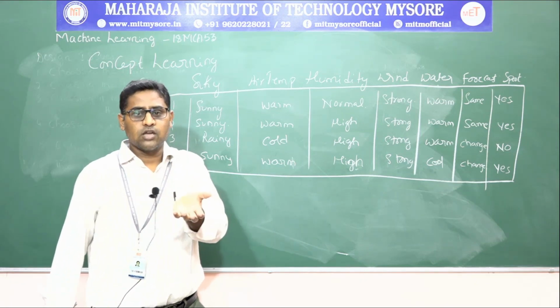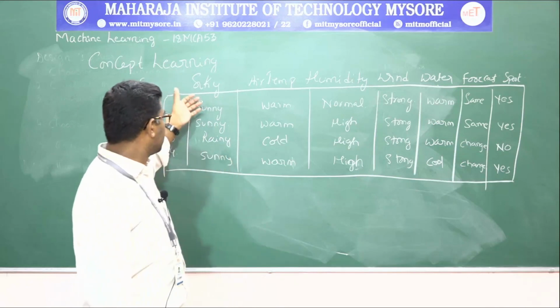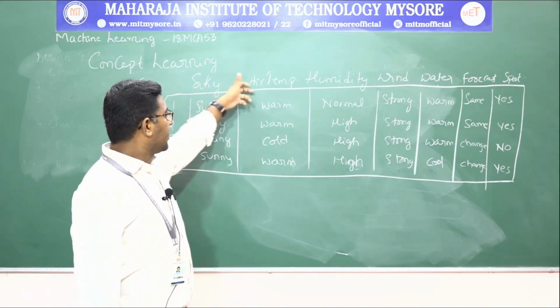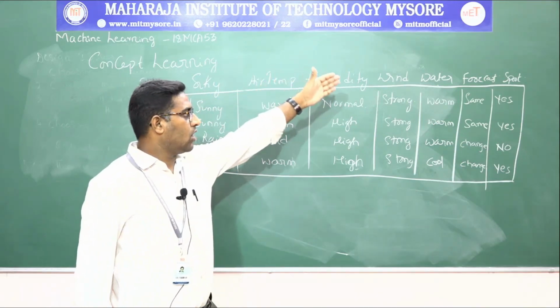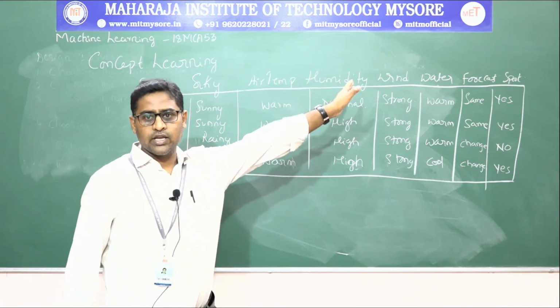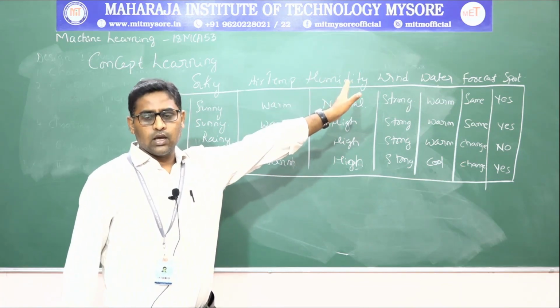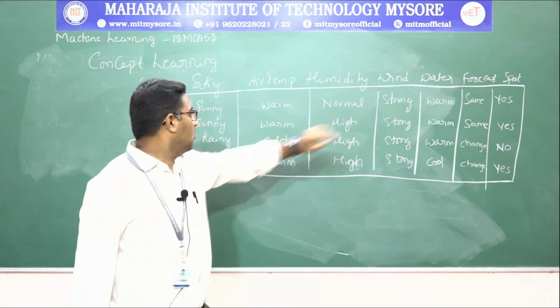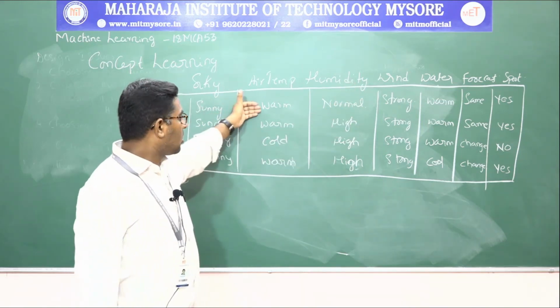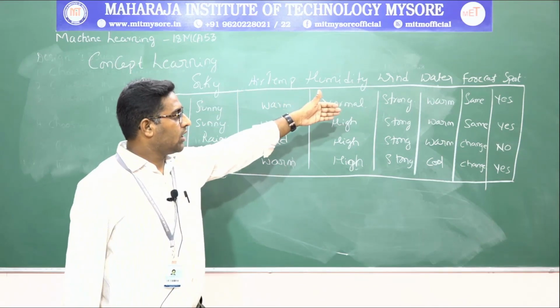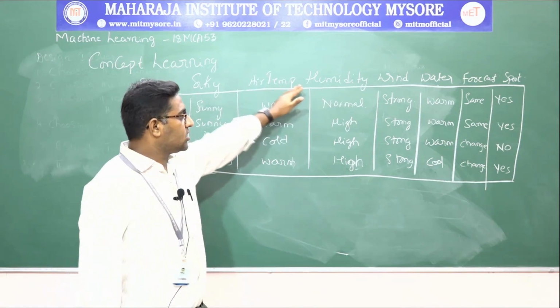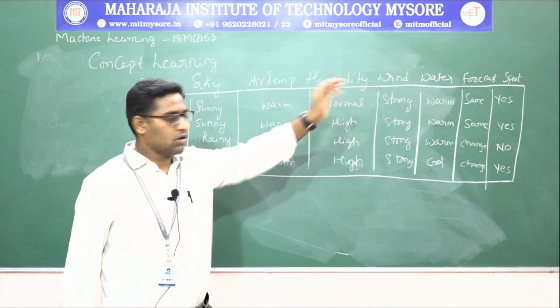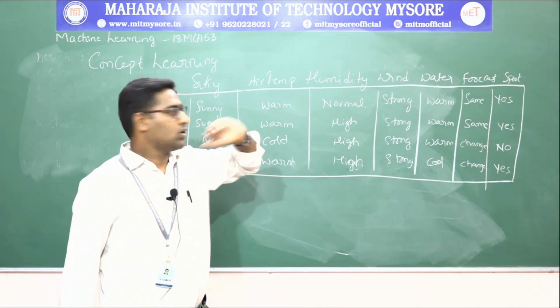It cross-checks the sky, air temperature, humidity, wind, water and the forecast readings. Now again sunny, warm, normal, strong and warm of these features, then the forecast will be same, yes, you can go for the water sport.